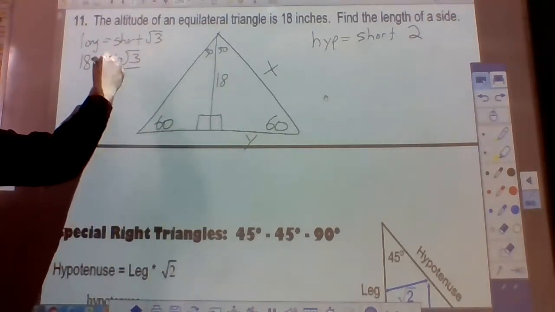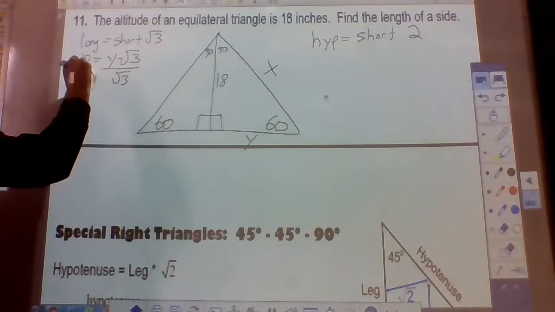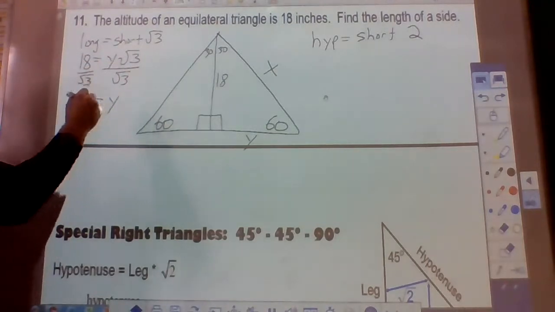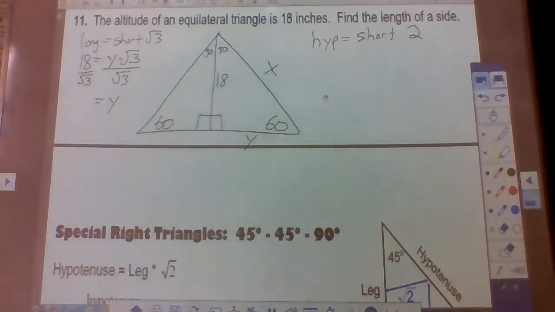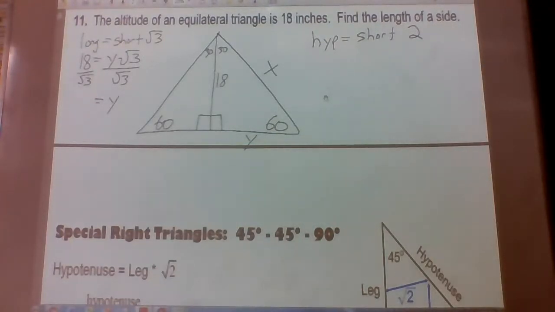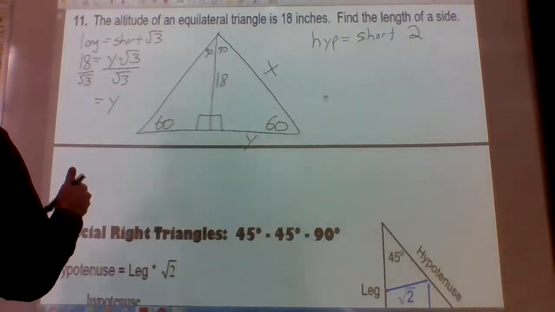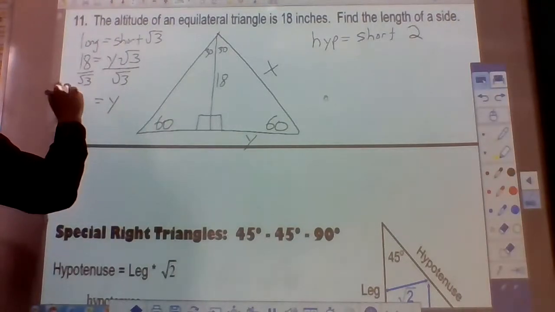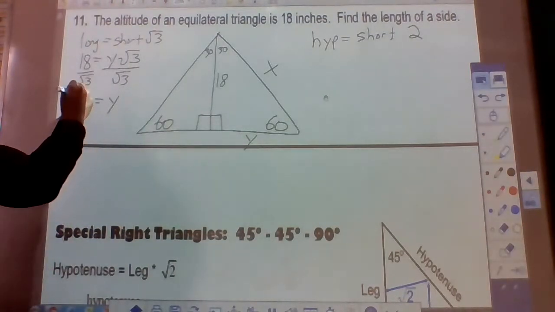To solve for y, we have to divide by the square root of 3. So y is going to be equal to 18 divided by the square root of 3. That's 10.39, so we'll round up to 10.4.